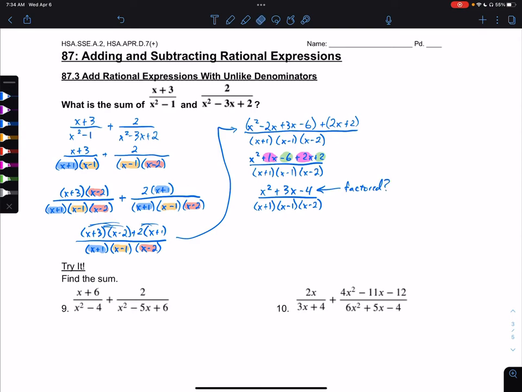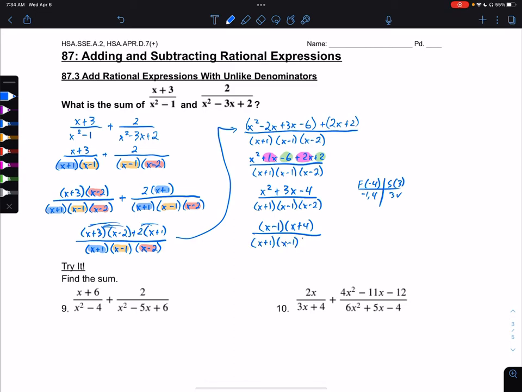So we're going to do that. Use your factor sum chart. So we want to know if there are factors of negative 4 that have a sum of 3. And there are. So it would be negative 1, positive 4 would give us 3. So my numerator factors into x minus 1 times x plus 4. My denominator, keep the same.